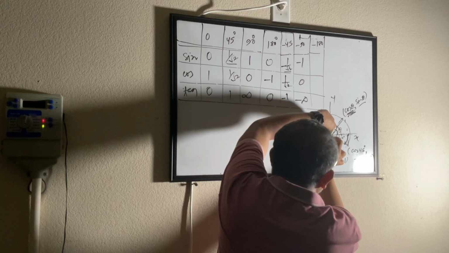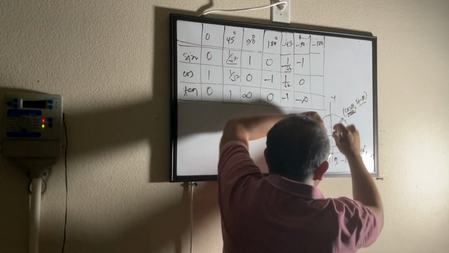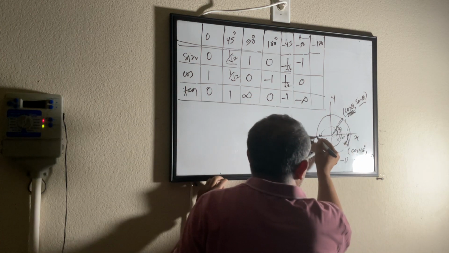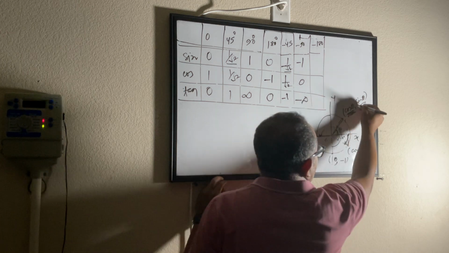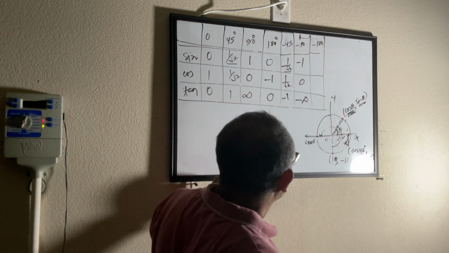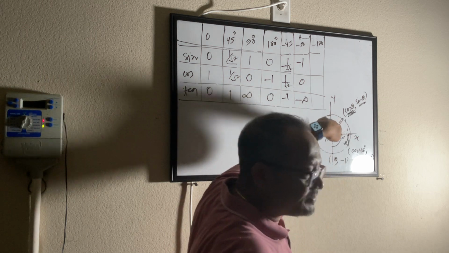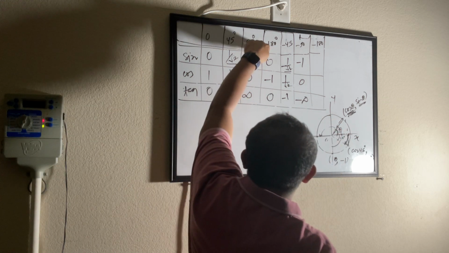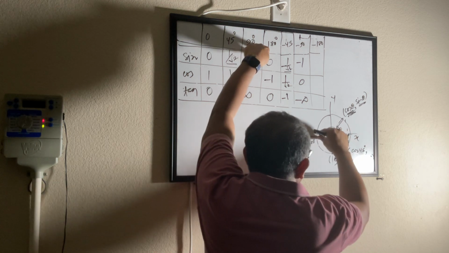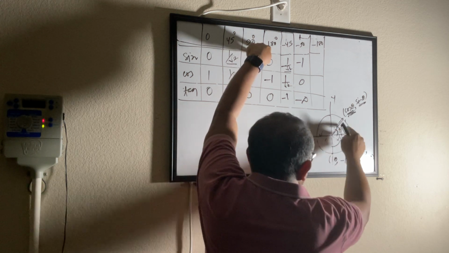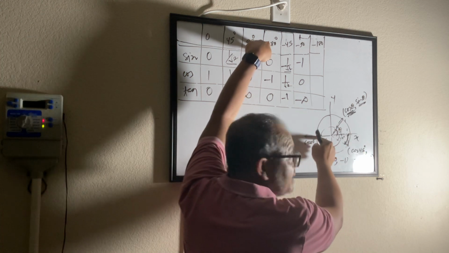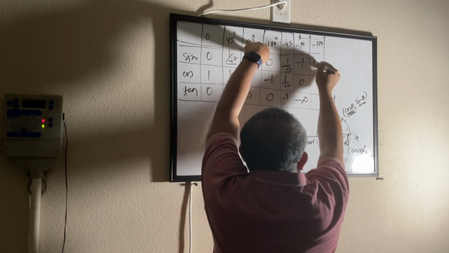So the x value is negative and the y value is 0. The y value, which is the sine, will be the same for 180 and minus 180 both. Sine 180, the y value, is 0 here, and this is also coming to the same point, so it will remain 0.